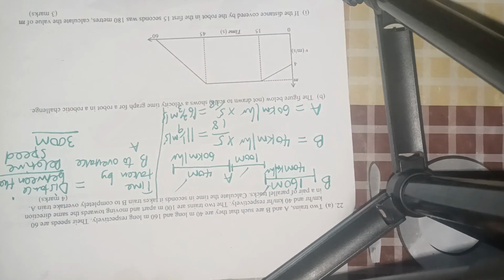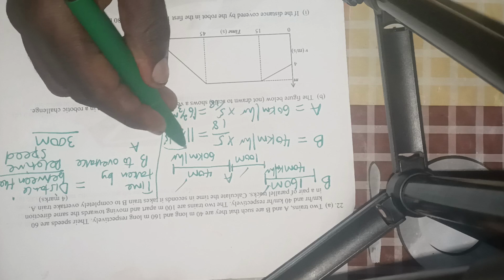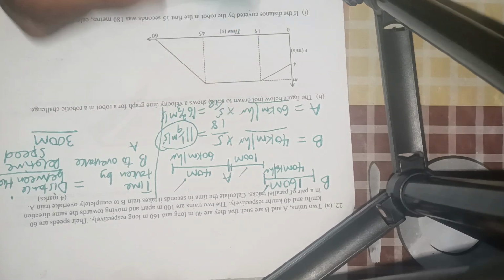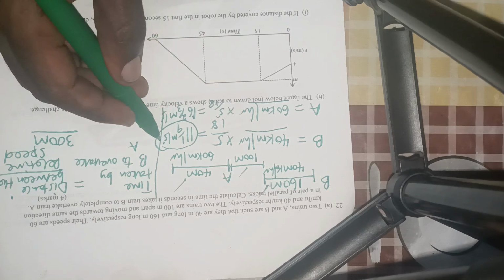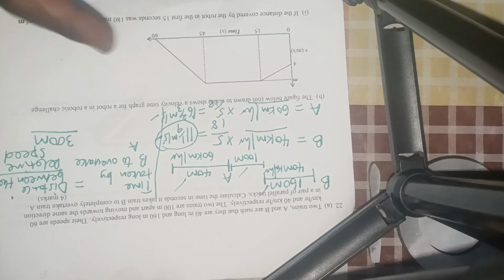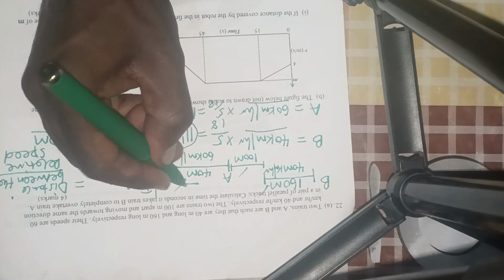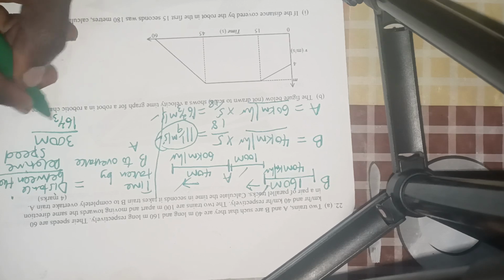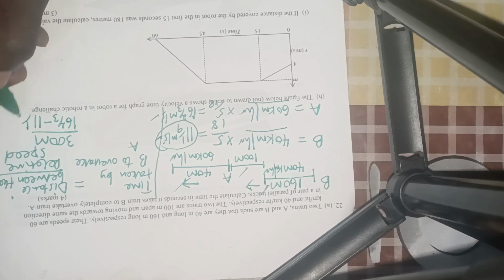Then divide by their relative speeds. Those trains are moving at 40 kilometers per hour and 60 kilometers per hour, but their speeds in meters per second will be 11 and 1 over 9 meters per second and 16 and 2 over 3 meters per second. So the difference between their speeds, because they're moving in the same direction, will be equal to 16 and 2 over 3 minus 11 and 1 over 9.